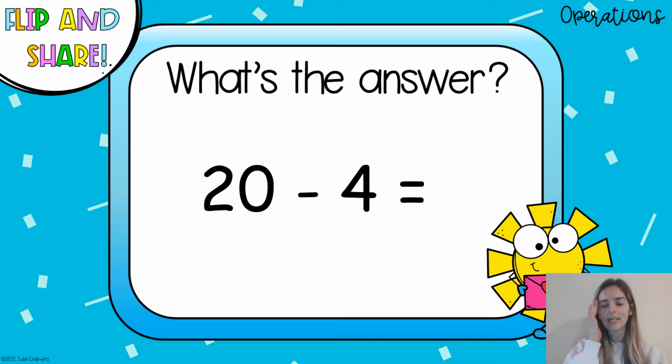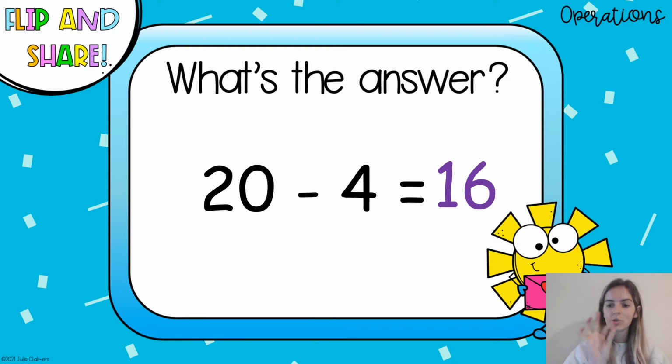So let's put 20 in our head, 20, and remember we're counting back 4. 20, 19, 18, 17, 16. How many fingers am I holding up? 4. So it was 20 take away 4. And what did I end up on? 16. Great job. 20 take away 4 equals 16.